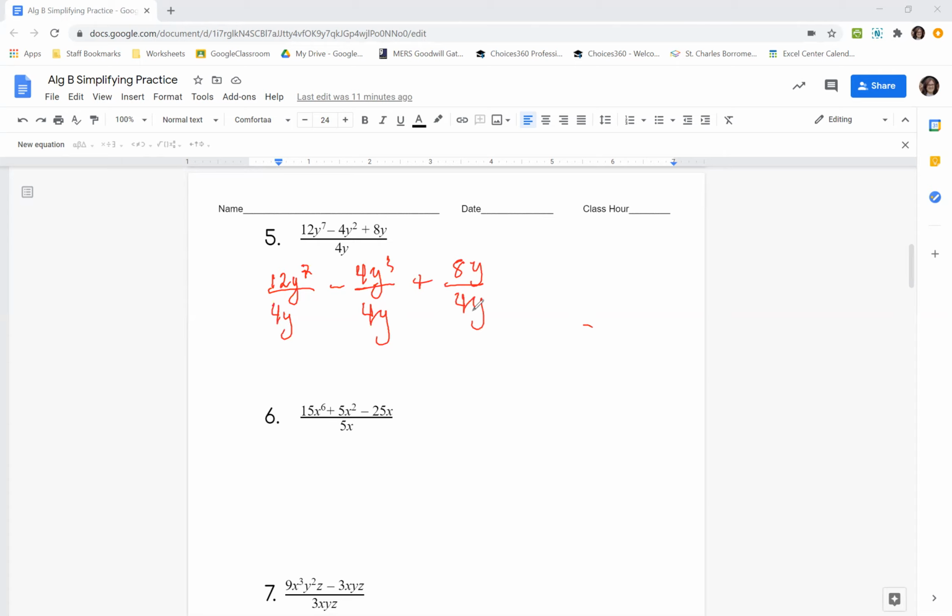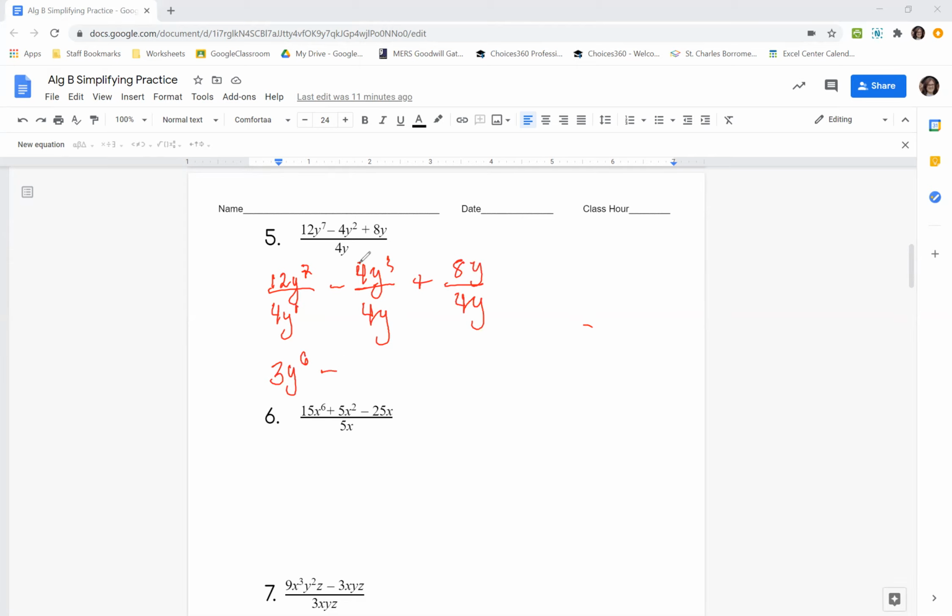Now, when we are simplifying each one of these expressions, we will divide the coefficients and subtract the exponents. So here I have 12 divided by 4, which leaves me with 3. Y to the 7th divided by y, you just subtract those, and since this is y to the 1st, we'll have y to the 6th left over.